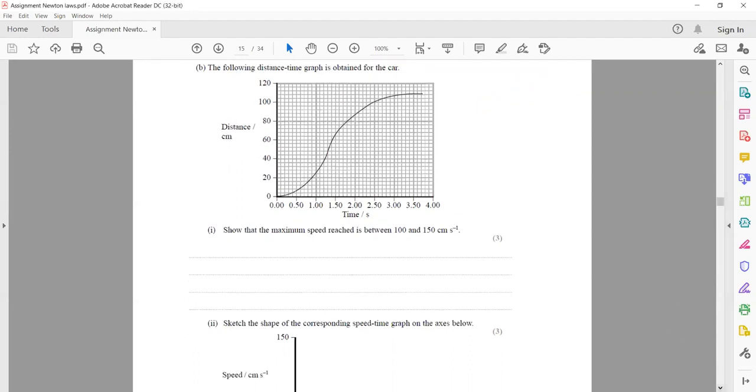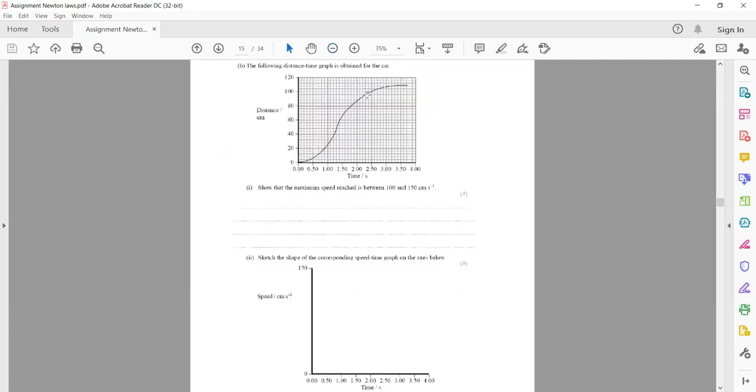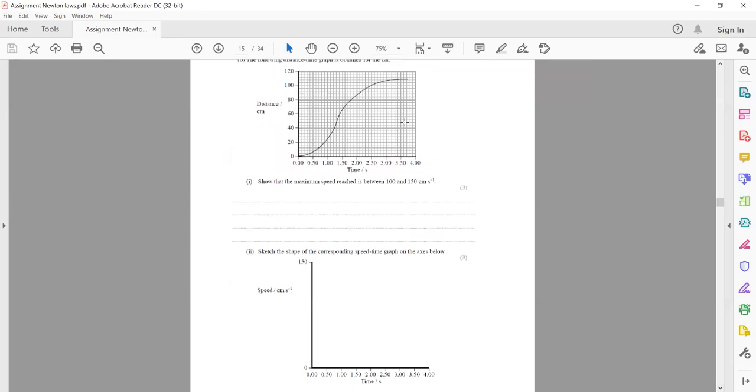So we have a distance time graph and we have to sketch a speed time graph. As we know, for a distance time graph, the slope represents the speed or velocity. So first we have to check the pattern, the trend. First, what is happening? The slope is increasing till this point.